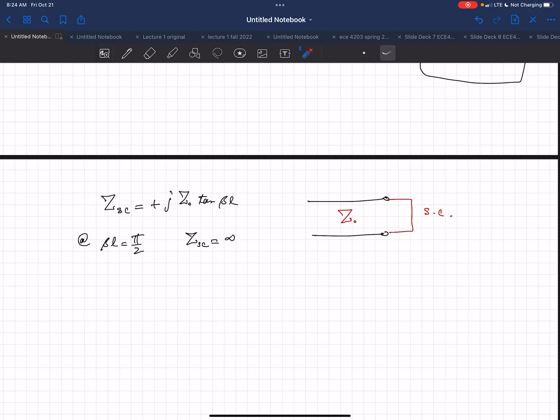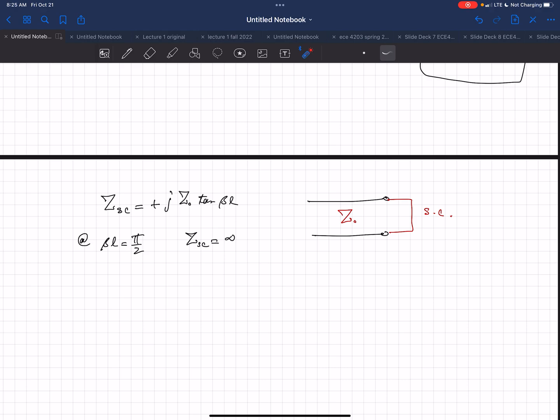So what has an infinite impedance? An open circuit. So if you have a transmission line with a short circuit end, and you change the length of this transmission line stub, at some length it looks like you have an open circuit.